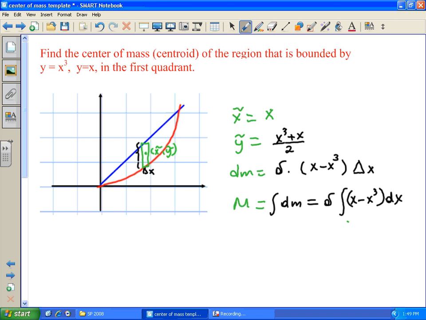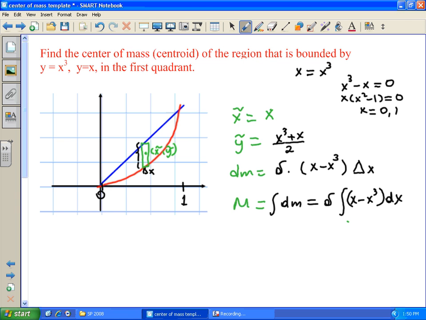And how about the limits of integration? You would normally set x equal to x cubed, and if you solve this equation, you're going to get x is equal to 0 or x is equal to plus or minus 1. But in the first quadrant, you can only take two solutions, 0 and 1. Okay, in the first quadrant. So this point right here is 1. This point is 0.